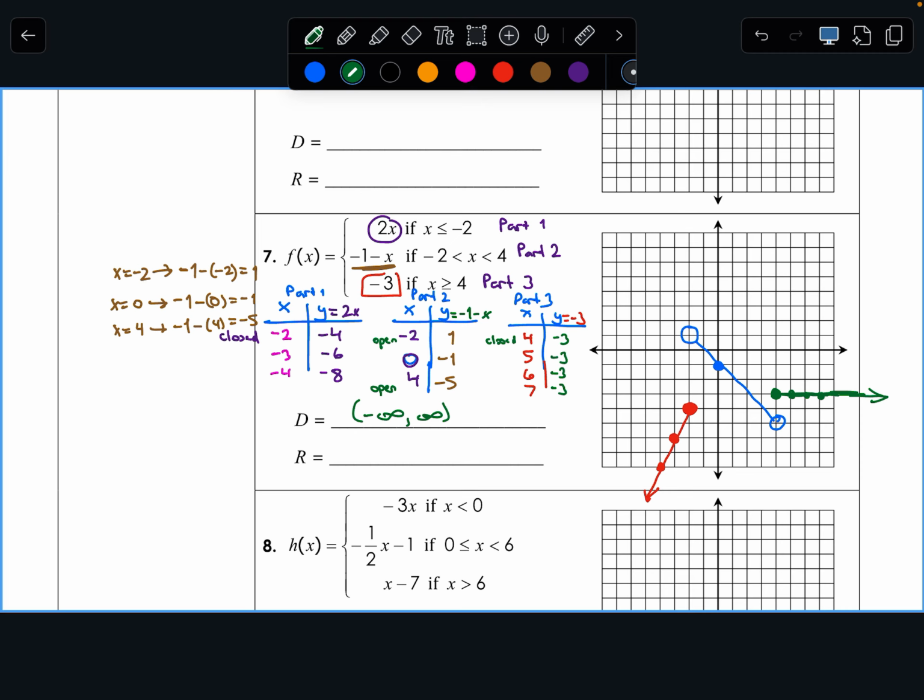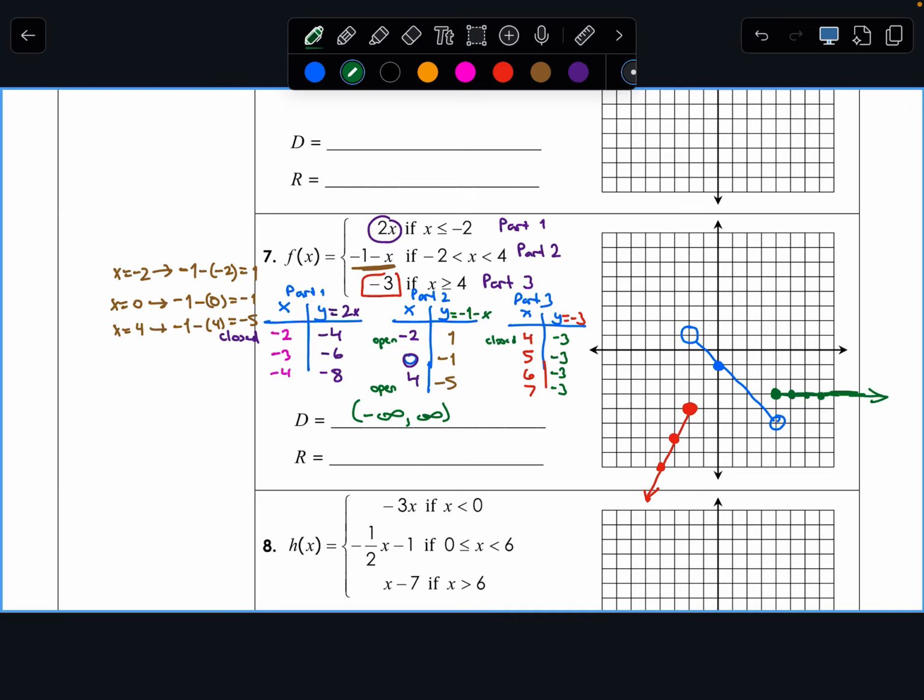So, range is right here. All I'm gonna do now is see if there's a continuation. There is a continuation right here. That's a closed circle. So now, I'm gonna travel up to this right here. Now, I get to here, but there's nothing else up here. So this is actually the highest it goes to.